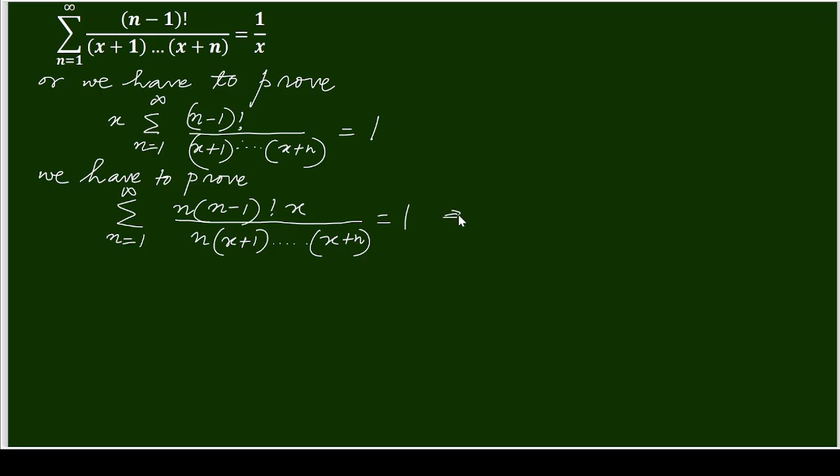What does it mean? It can be rewritten as n factorial into x over n into (x plus 1) up to (x plus n).